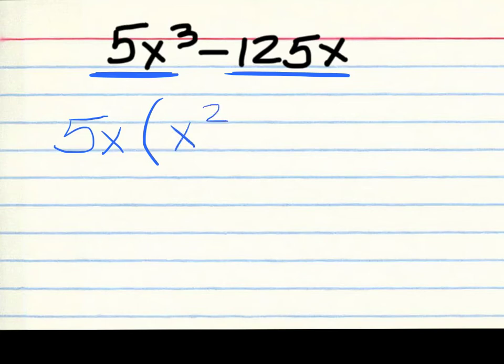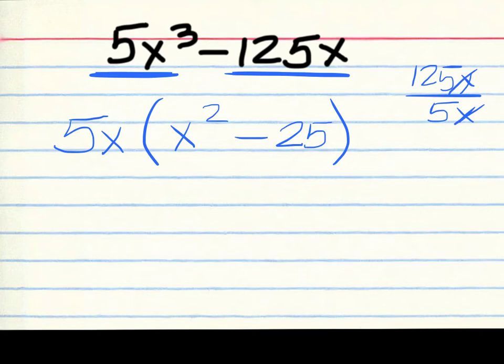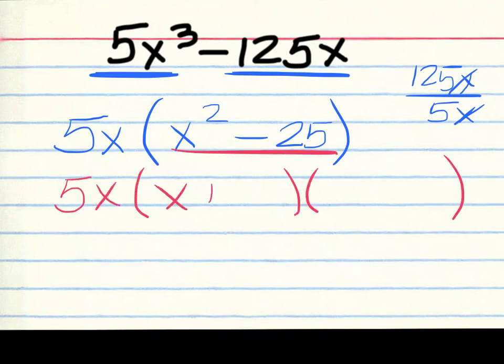And then you'll have 125x divided by 5x. The x's cancel out. 125 over 5 is 25. Now leave the 5x where it's at and split up the difference of two squares here as x plus 5, x minus 5.